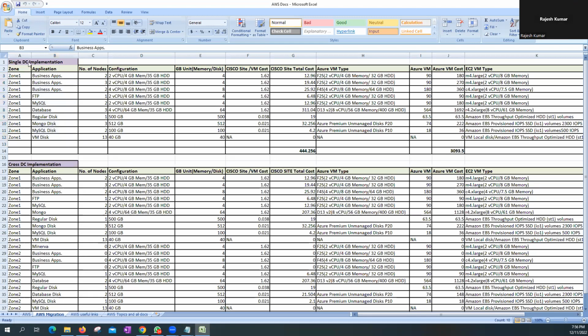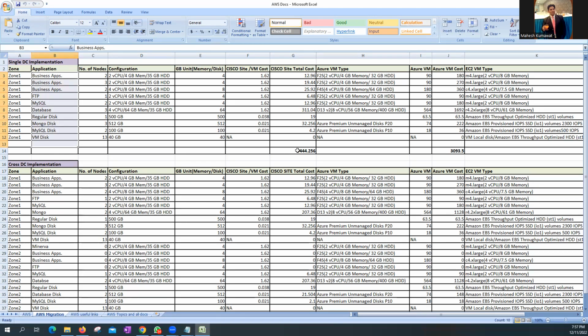Suppose this is a single DC implementation. I'm talking about my company, like Cisco, and this is zone 1. We have one location right now, and we have business applications, FTP, and MySQL databases, all those things running. This is my on-premises costing right now.